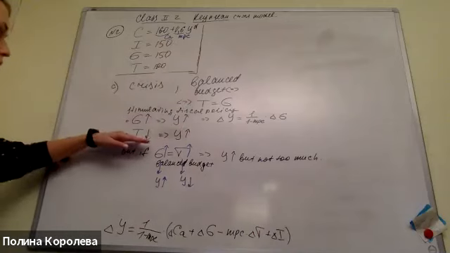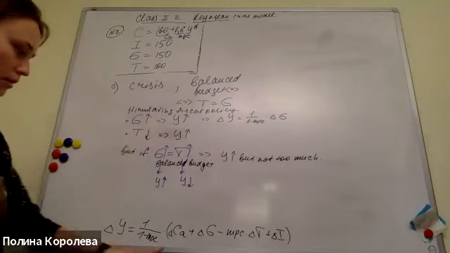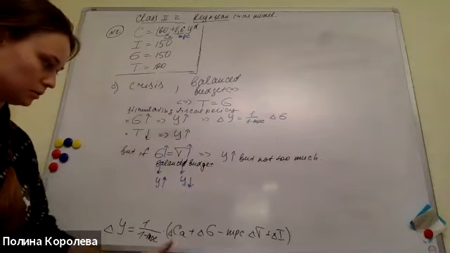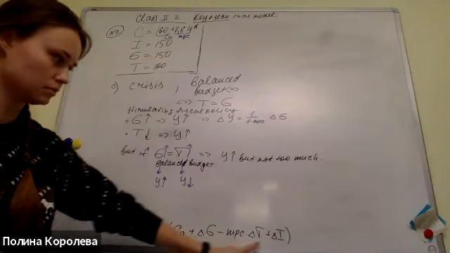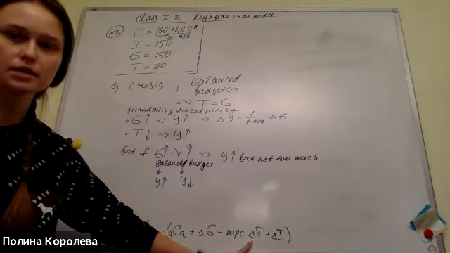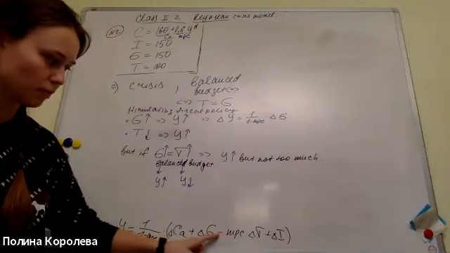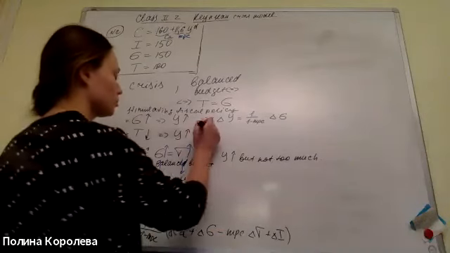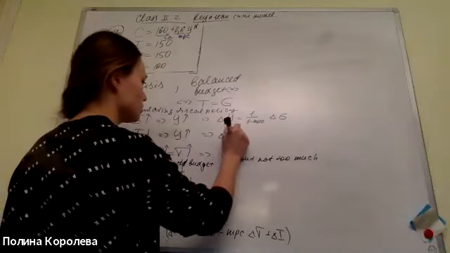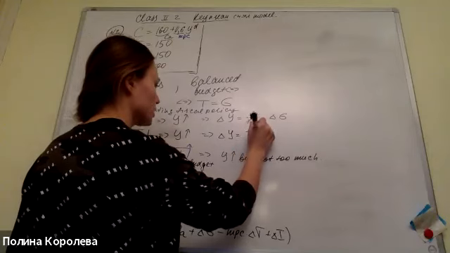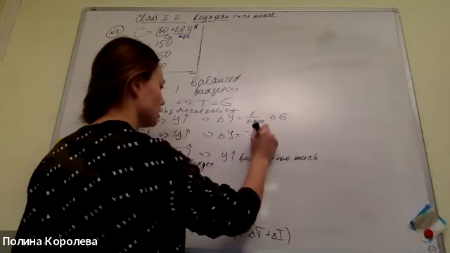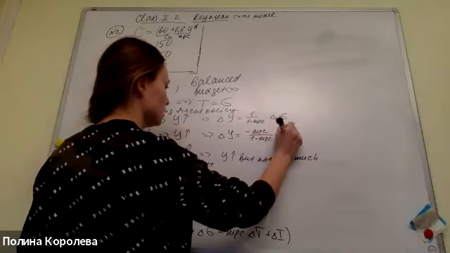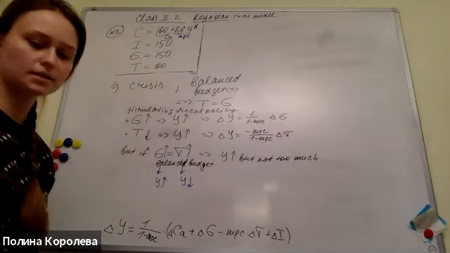If we have the change in taxes, other things equal, here 0, 0, 0, and change in taxes. But with taxes we have minus marginal propensity to consume, yes? So we will have change in GDP equal to minus marginal propensity to consume over 1 minus MPC, multiplied by the change in taxes.